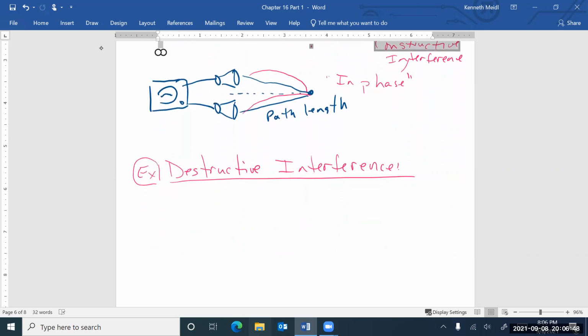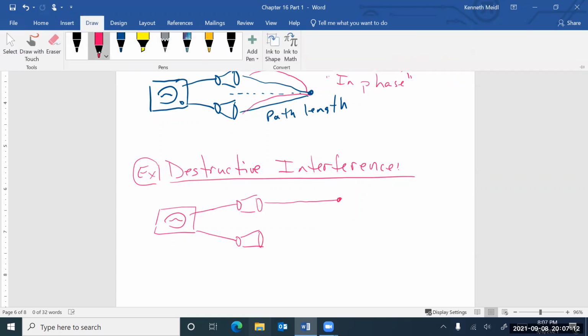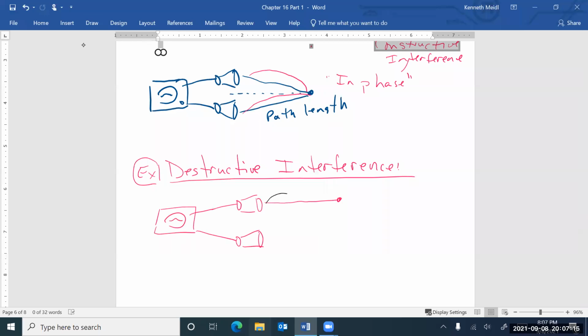How about this? So we have our sound generator. We've got the function generator here, and it's hooked to the speaker here. It's connected to a speaker there. And let's say we go to this spot right here in space, and that spot holds one full cycle.